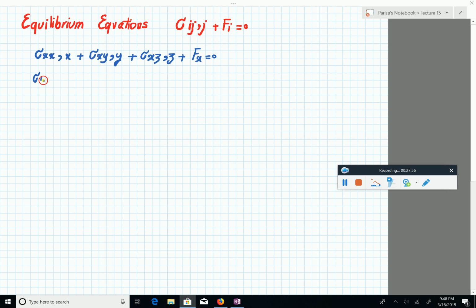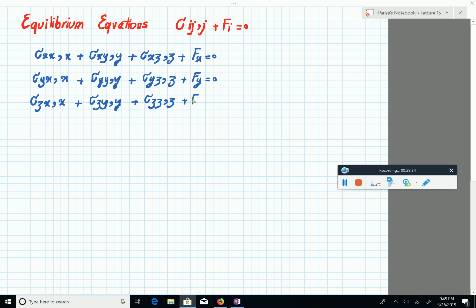Sigma yx comma x plus sigma yy comma y plus sigma yz comma z plus fy is equal to 0. Sigma zx comma x plus sigma zy comma y plus sigma zz comma z plus fz equal to 0.